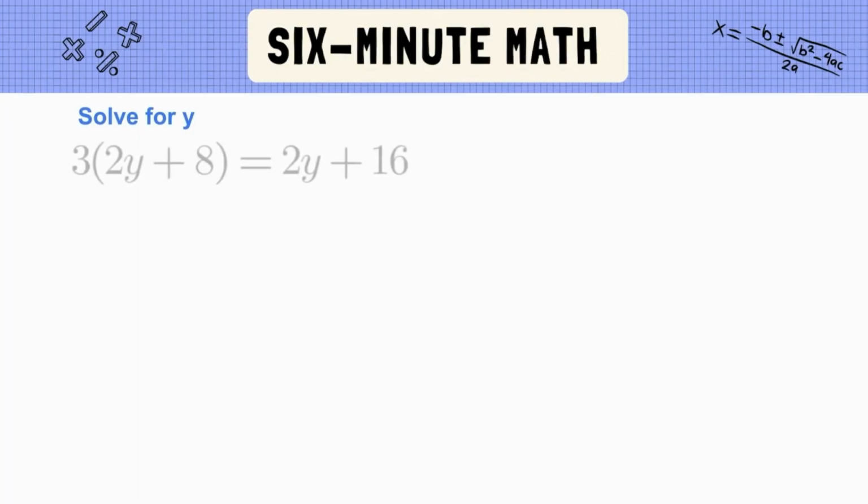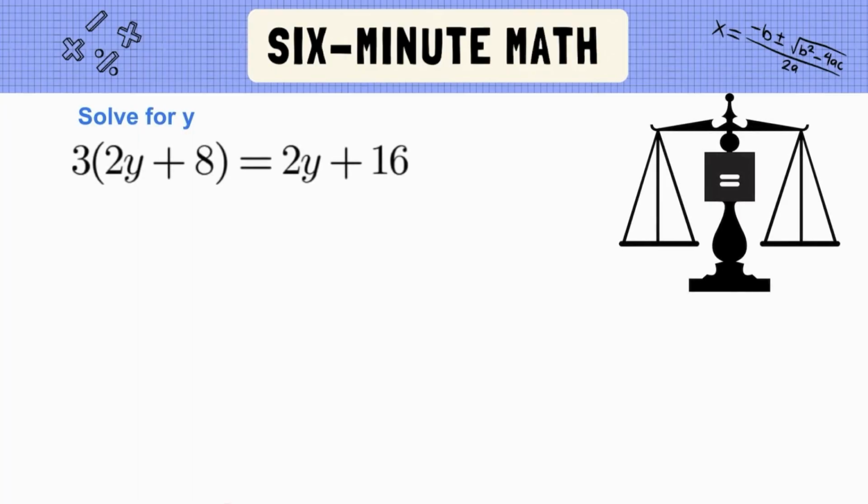We're going to solve for y in 3(2y + 8) = 2y + 16. And I have my balance scale to remind me that anything I do to one side of my equal sign, I need to do to the other.